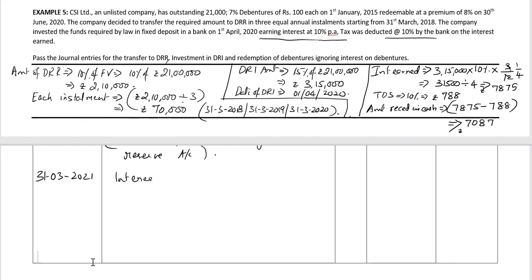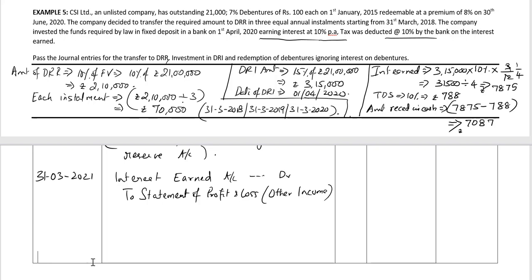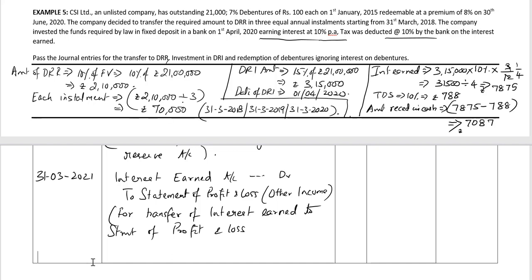Interest earned account debit to statement of profit and loss other income for transfer of interest earned to statement of profit and loss at the end of the accounting period. The total interest earned 7,875 rupees.